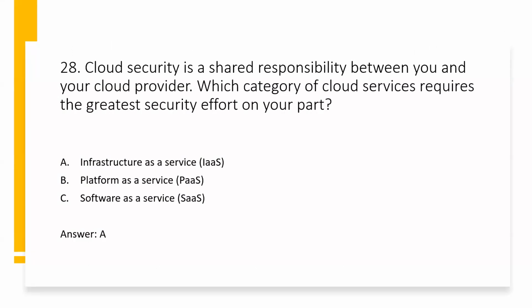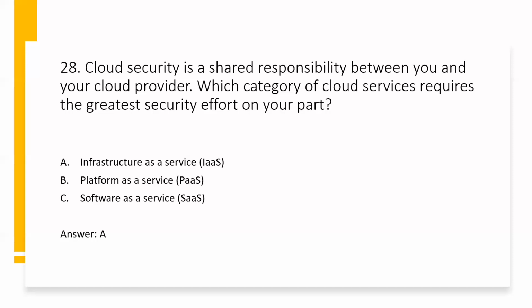Question 28. Cloud security is a shared responsibility between you and your cloud provider. Which category of cloud services requires the greatest security effort on your part? We have three services available: IaaS, infrastructure as a service; PaaS, platform as a service; SaaS, software as a service.